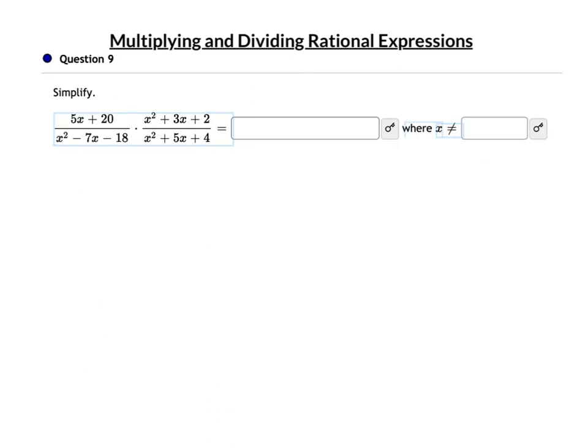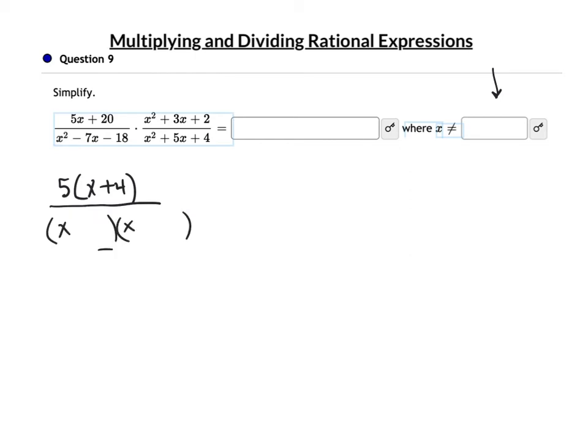Question 9 is another factor cancel. Factor cancel, and don't forget your restrictions. This one asks for the restrictions. 5x plus 20, that's 5 times x plus 4. X squared minus 7x minus 18. I know it's x times x.